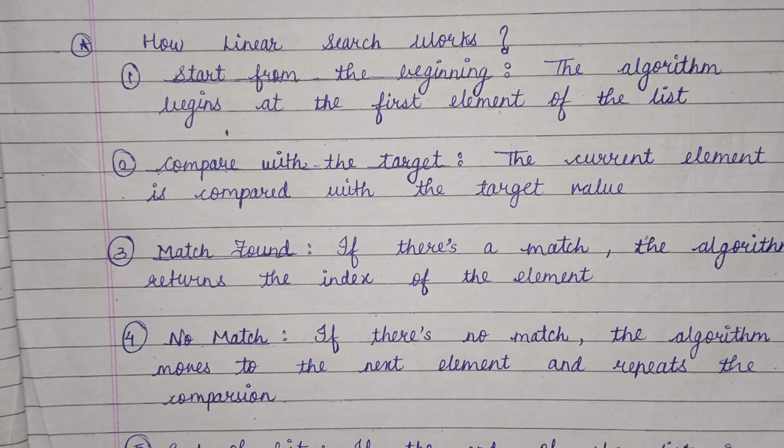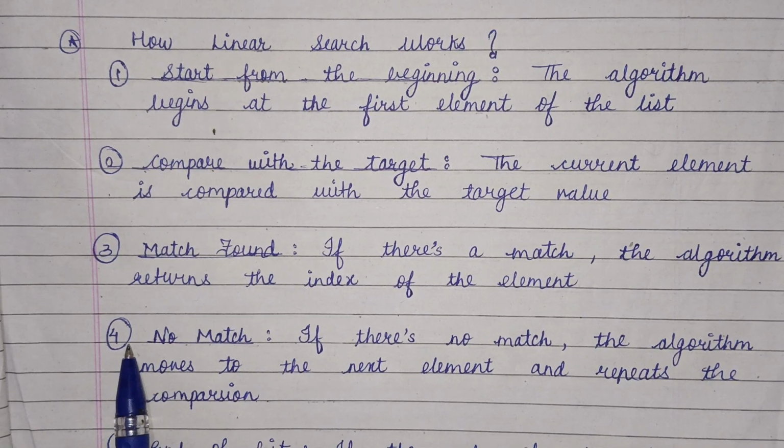So what will be the output we will get? We will get the output as the index of the array. The index on which the element is present, we will get that index back.